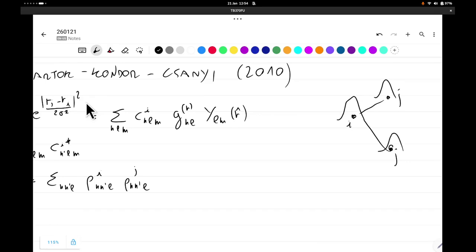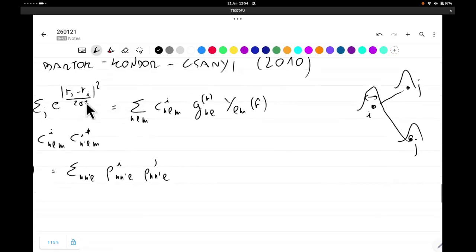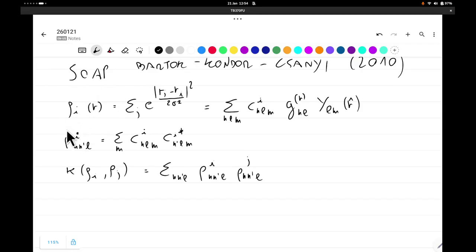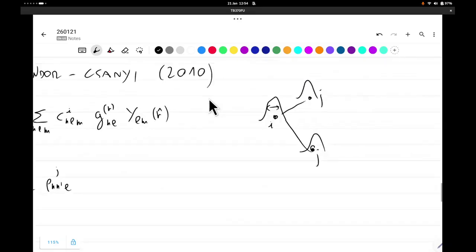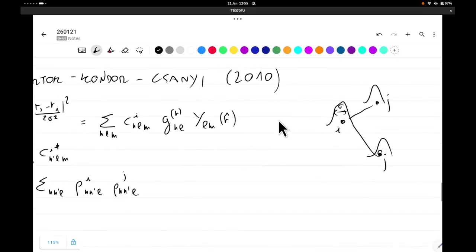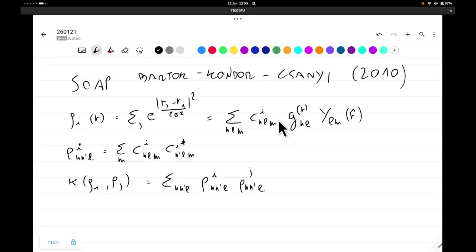So for each atom I plunk a Gaussian with a given width, and I represent the density of the system, so of the environment around an atom, as the sum over these Gaussians, right? So basically instead of the collection of atoms, I have a collection of Gaussians centered on these atoms, and then it's just algebra.